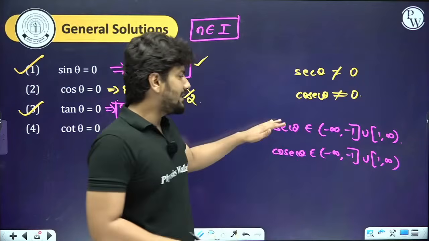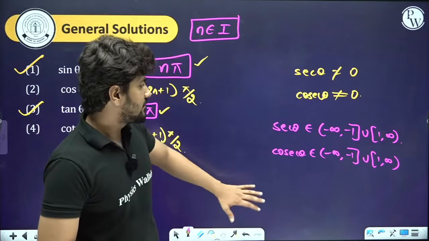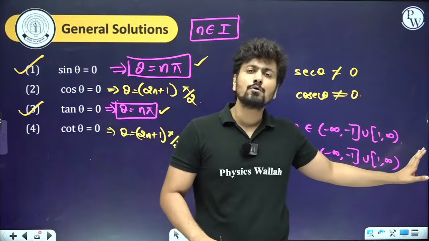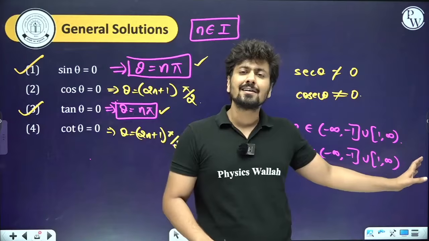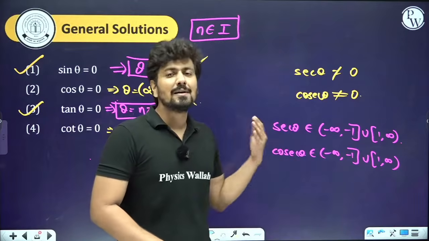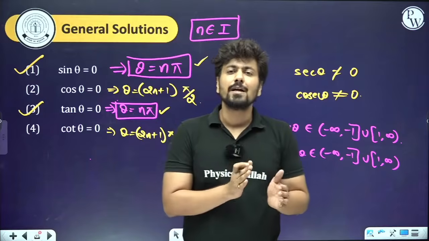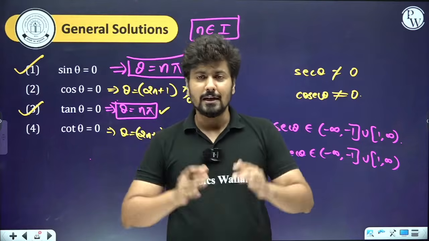So basically these two trigonometric functions, sec theta and cosec theta, are either greater than or equal to 1, or less than or equal to minus 1. Their values never lie between minus 1 and 1. Let me remind you again.